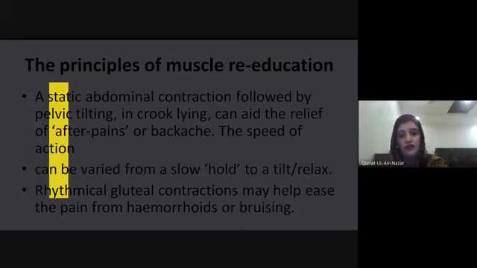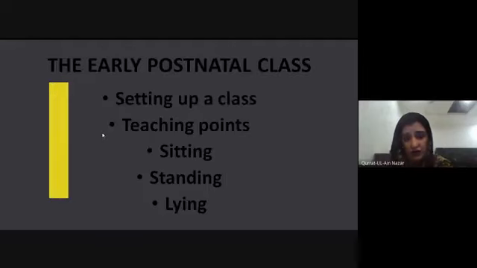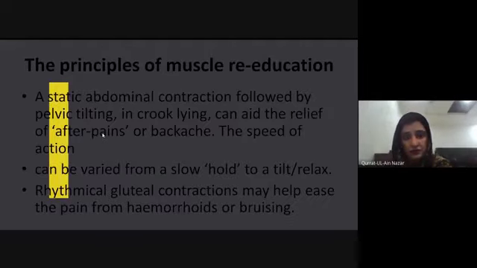It is called the fourth stage of labor. The principles of static muscle re-education create a static abdominal contraction, which is followed by pelvic tilting, crook lying, and it can also aid the relief of after-pains and backache problems.